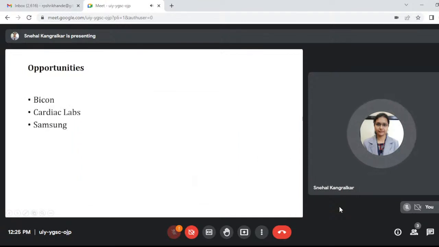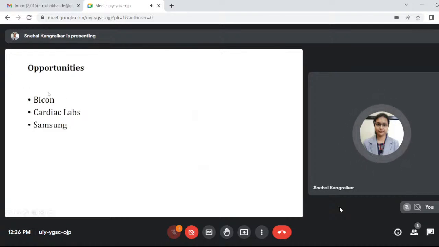Next, coming to the opportunities. Cardiac Design Labs has visited our college, and I think they have selected two CS students. Cardiac Design Labs is basically based on signal processing, and they install different biomedical instruments in medical institutions.